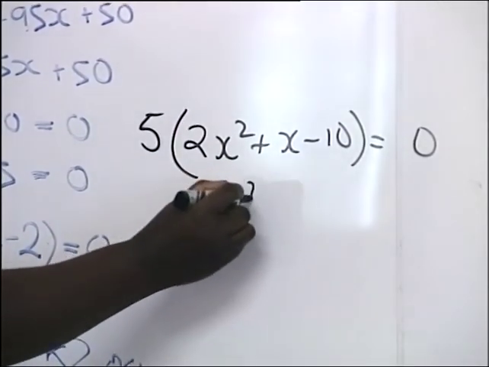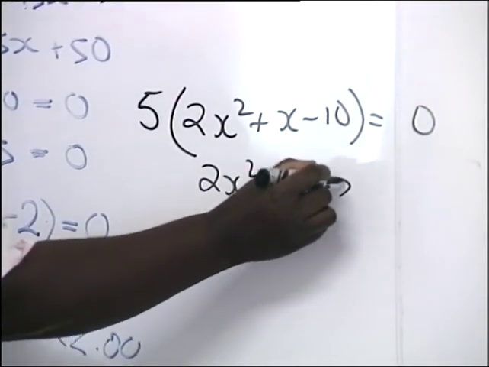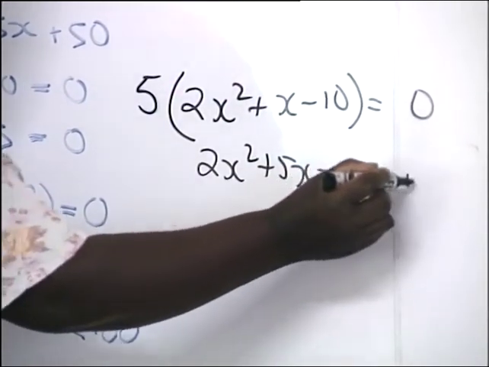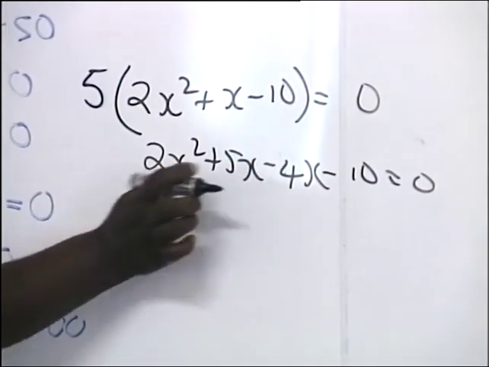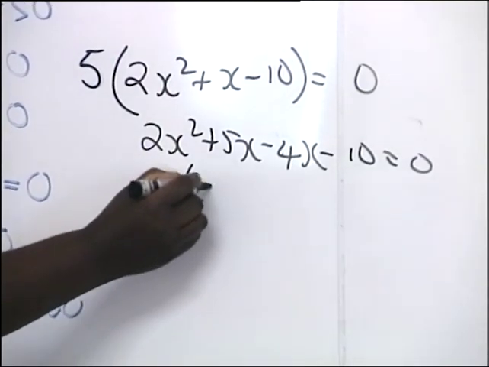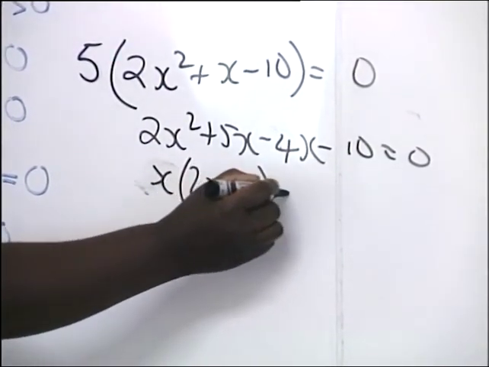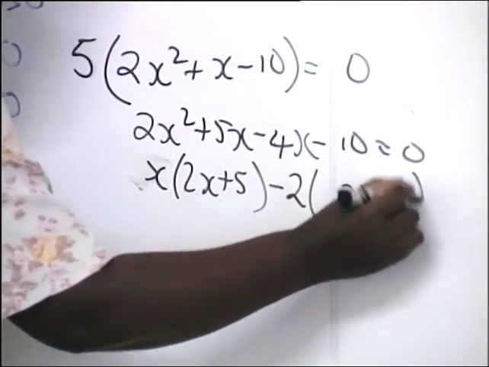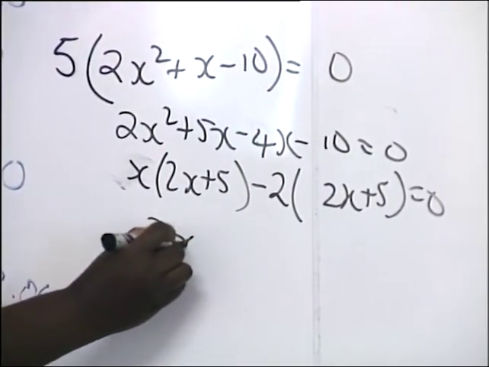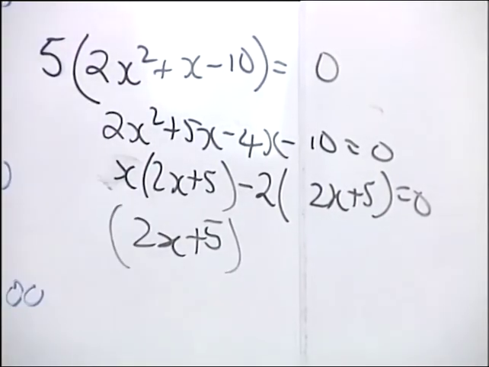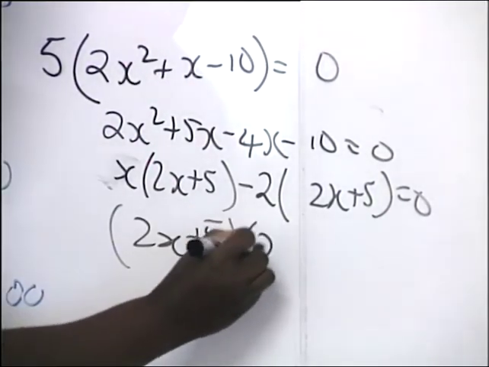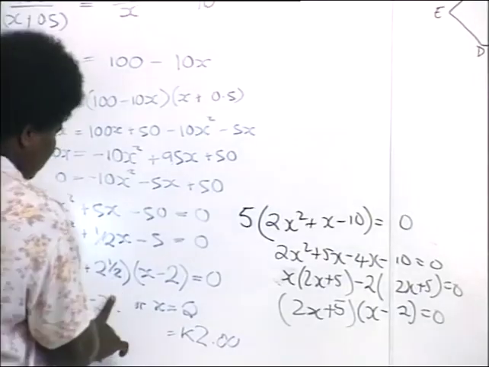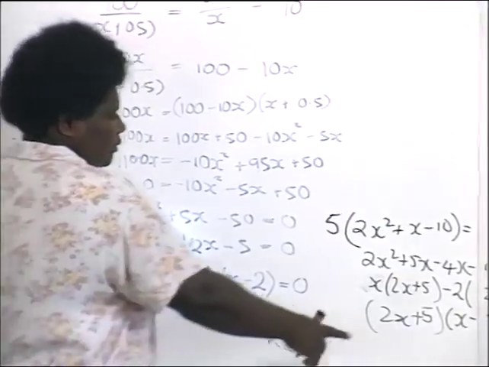You get 2x squared plus 5x minus 4x minus 10 equals 0. And then you get x(2x plus 5) minus 2(2x plus 5), so (2x plus 5) times (x minus 2). This one will give minus 2.5, which is what is got here. And this one will give 2.